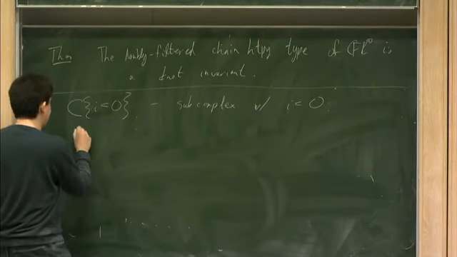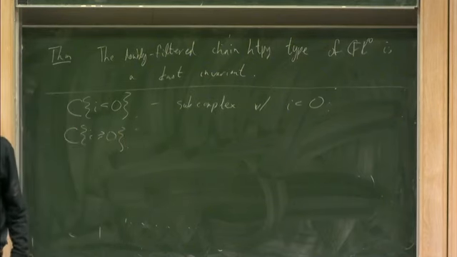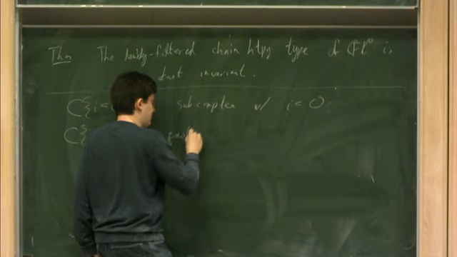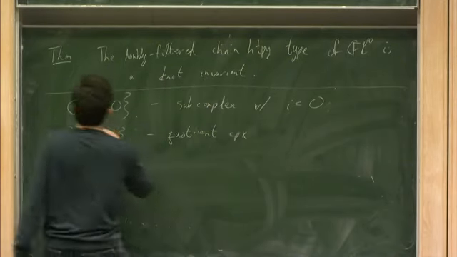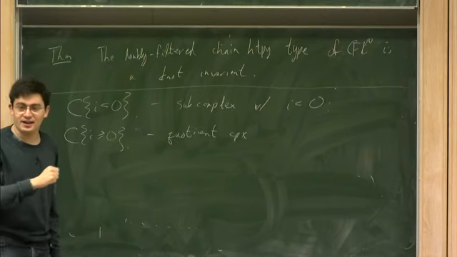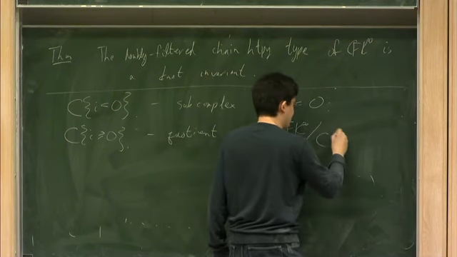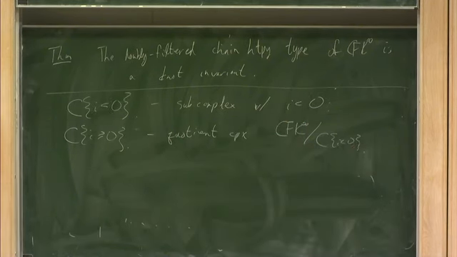If I say C with I greater than or equal to 0, that's not a subcomplex, but it's a quotient complex. So C is going to mean the whole thing, or CFK infinity mod C with I less than 0. Geometrically it's very easy to picture these chain complexes. You just erase the part you're not interested in, and only look at the part of that diagram you are interested in.